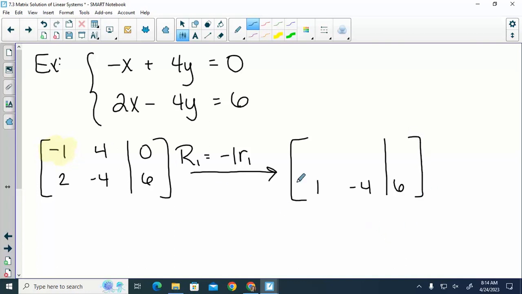So negative 1 times negative 1 is positive 1. 4 times negative 1 is negative 4, and 0 times negative 1 is 0.